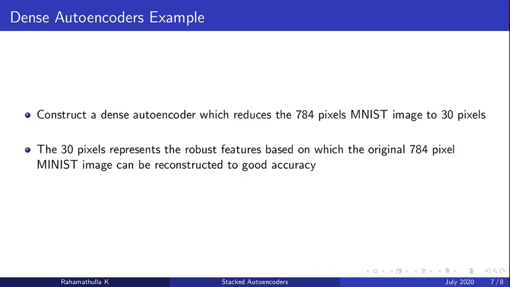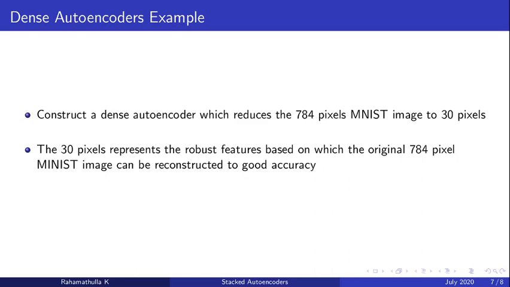Next we will see an example for dense autoencoder. We are going to construct a dense autoencoder which reduces the 784 pixels in an MNIST image to 30 pixels. So MNIST images are 28 into 28 pixels, a total of 784 pixels.